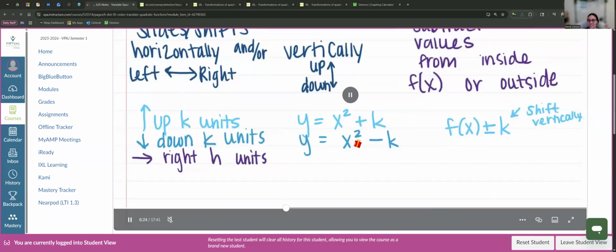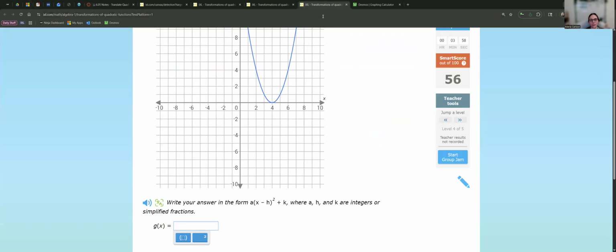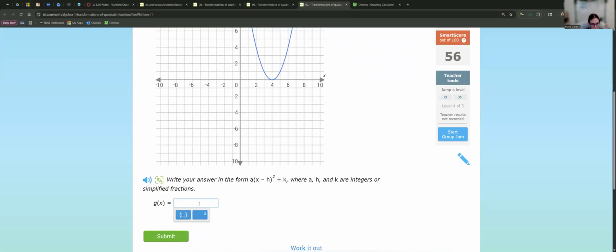If we're going down k units, it's x squared minus k. Right h units is going to be x minus h squared, and left h units is x plus h squared. So please use your notes. If you know that this function is moving to the right 4 units, you'll have x minus 4 squared. So the final answer here is x minus 4 squared, because it's moved 4 units to the right.